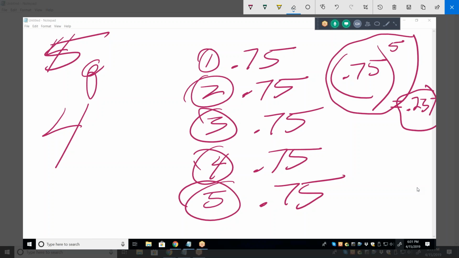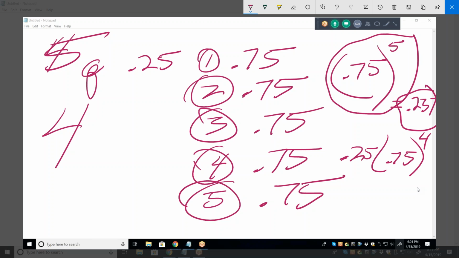You would have to get the first one and then miss all the others. One way to get 1. In other words, 0.25 times 0.75 to the 4th power. So this is one way to get 1.